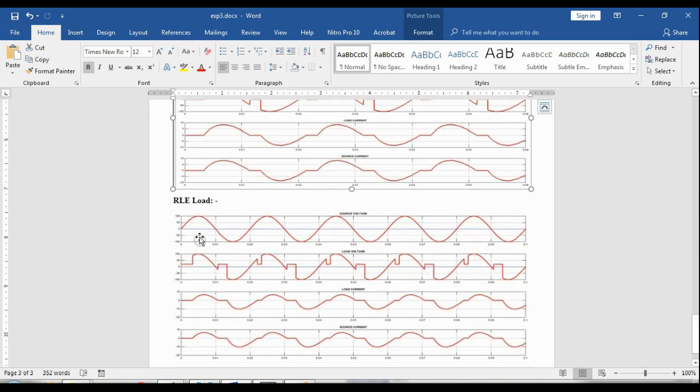Coming to the RLE circuit, this negative part is because of the L effect, and as soon as the inductor current is 0, it must return to its original state. That is, when the thyristor is off in RLE load, V0 will be equal to E. Now here T2 is triggered, so it goes negative and it will continue.